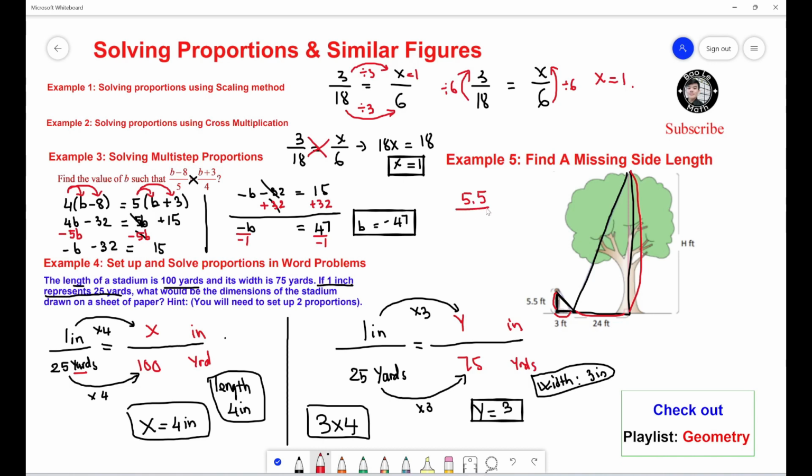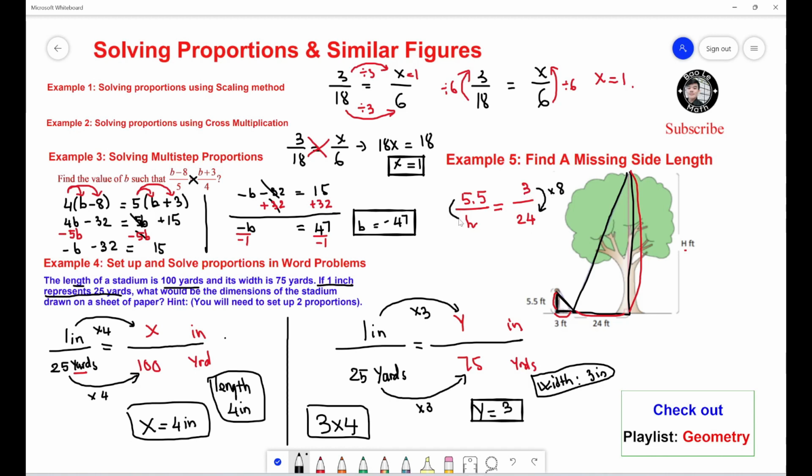So you have 5.5 over h right here equals 3 over 24. Alright. Now we use the scaling method to solve this proportion. In order to get 24 from 3, we multiply by 8.